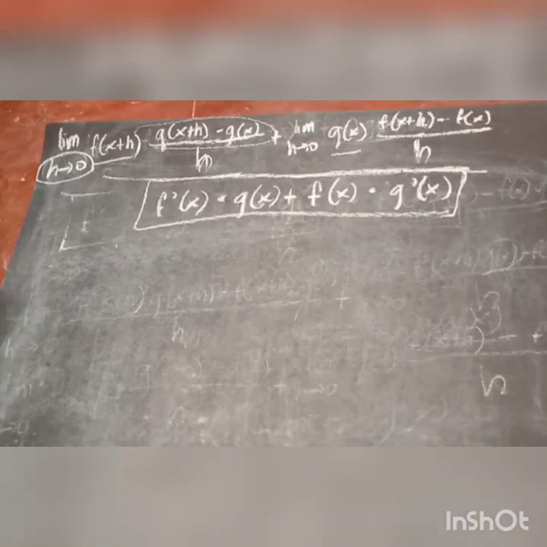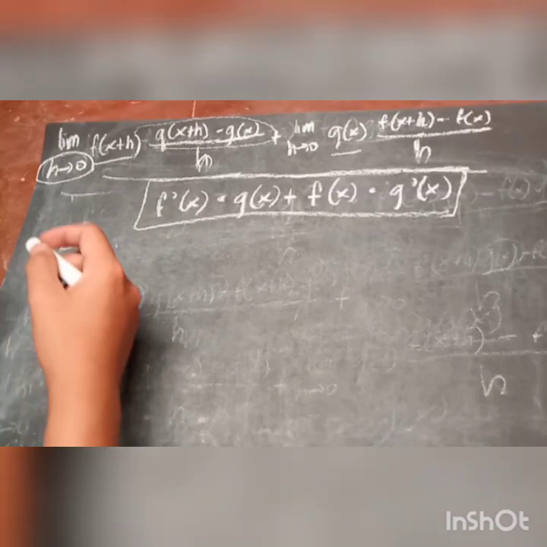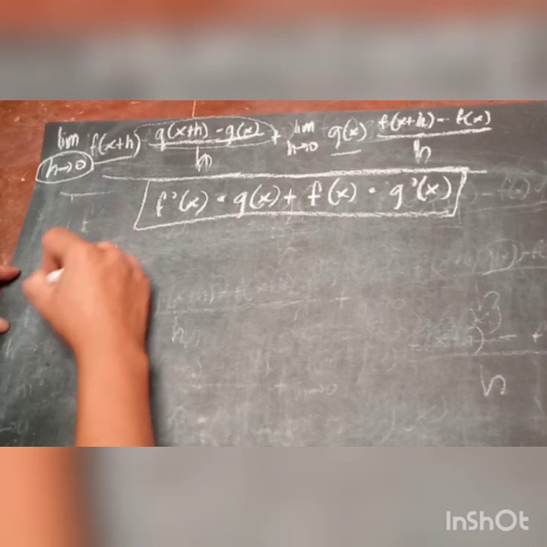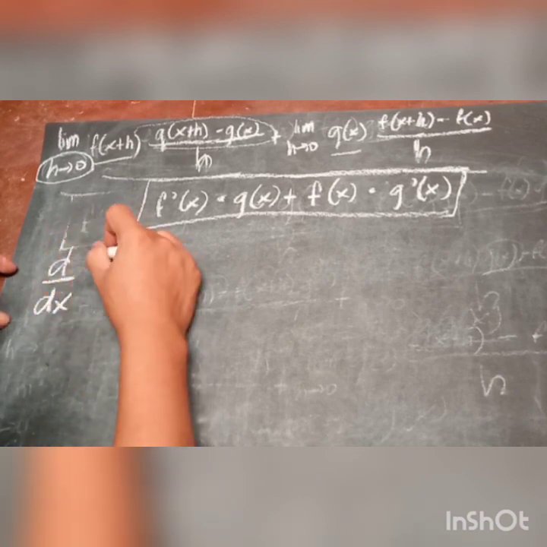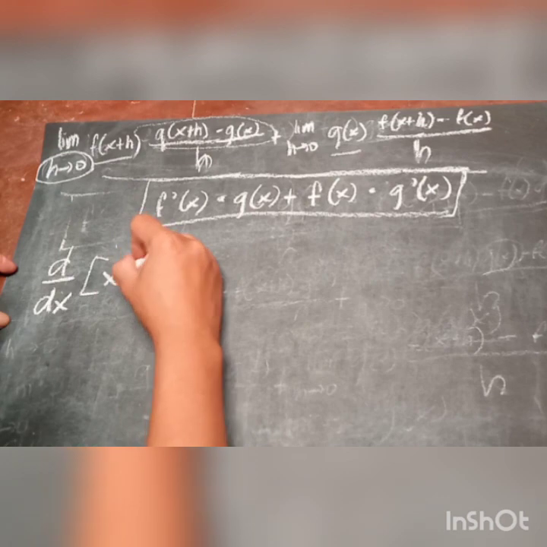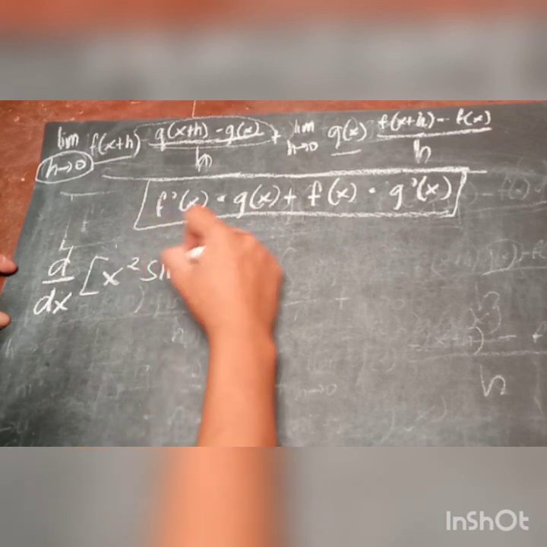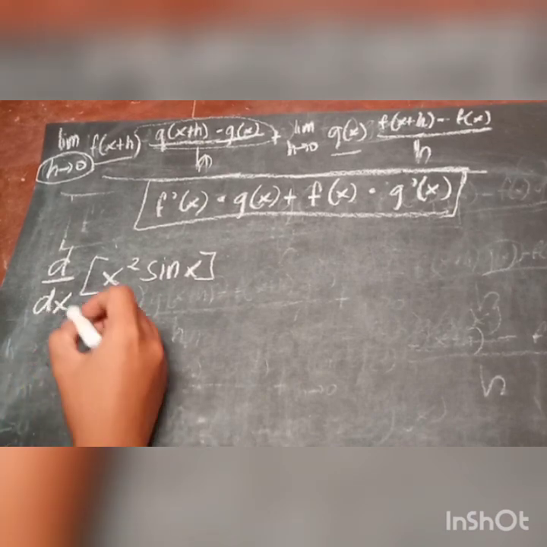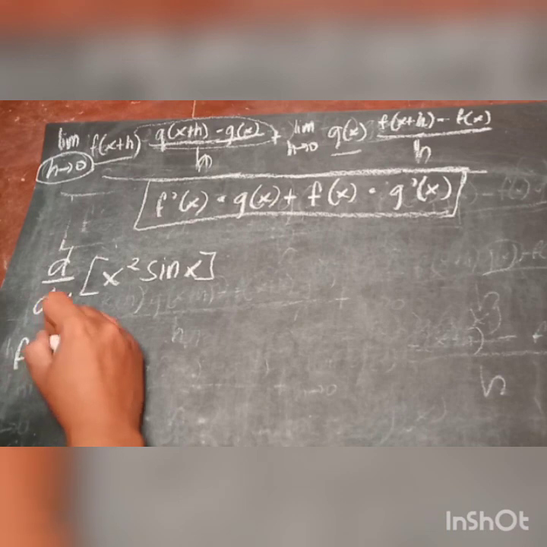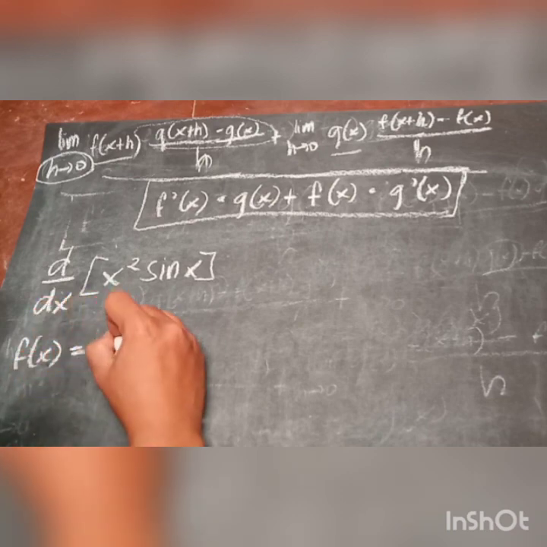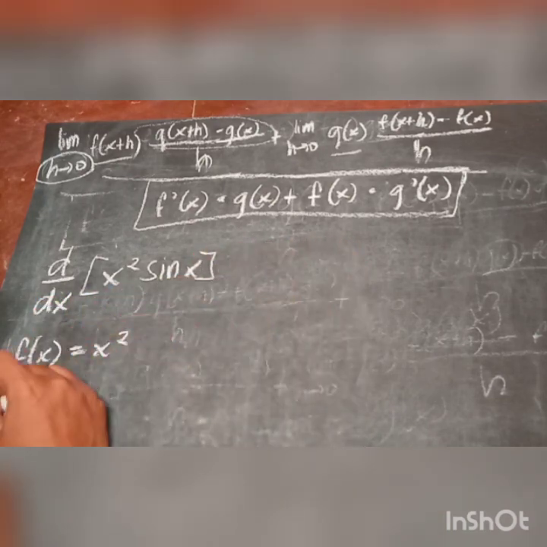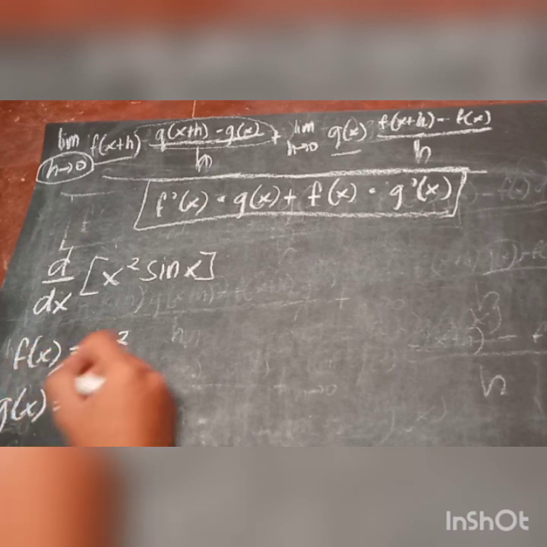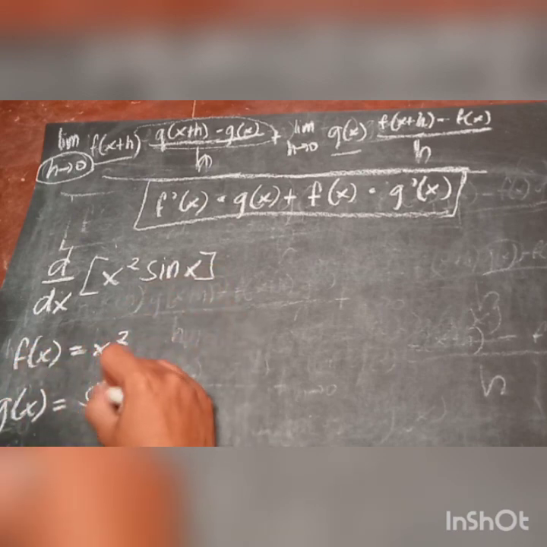So for example, we will find the derivative of x squared sine x. So our f of x there is x squared, and our g of x there is sine x.